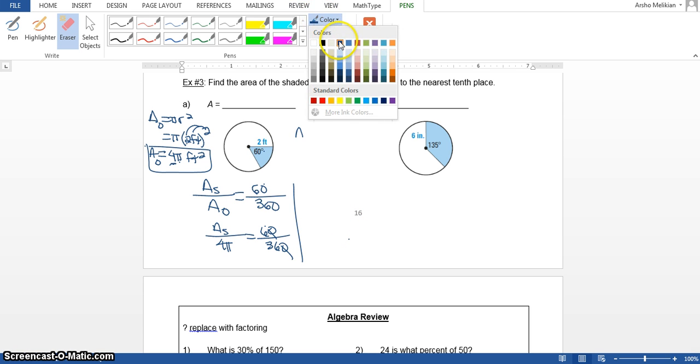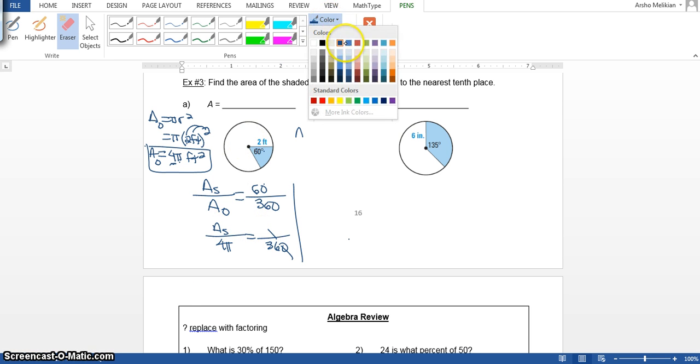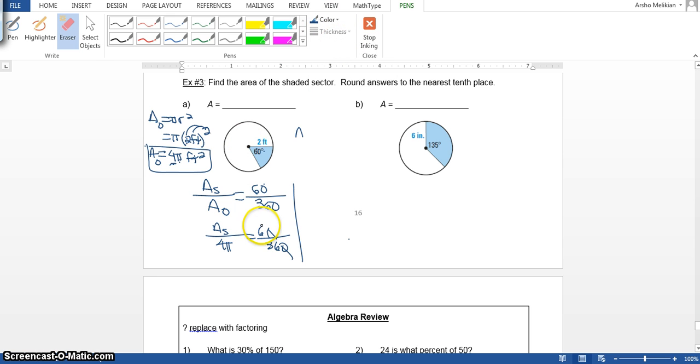Can't you just do 1/4? Well, this is not 1/4. Okay, so let's simplify this some more. The 60 and the 360 will simplify, and you get 1/6. So what I have now is the area of the sector over 4 pi is equal to 1/6.